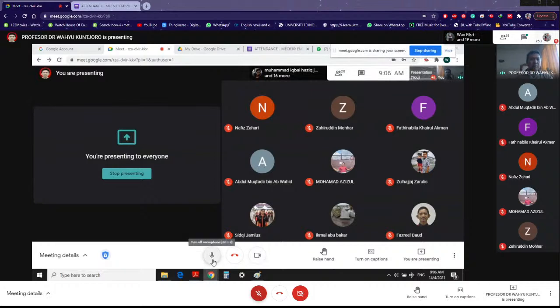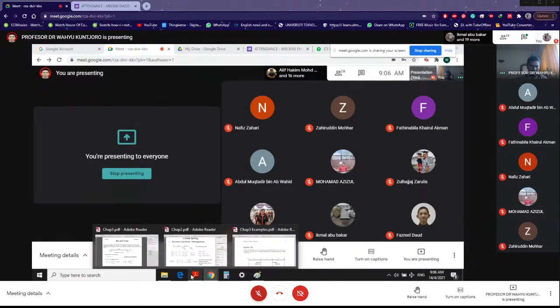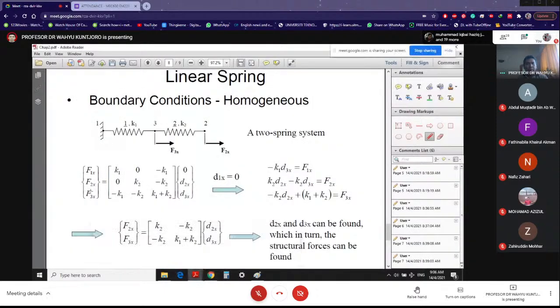Okay, so let's continue with our class today. Let me go back to that discussion that we left just now. This is our problem here, a two-spring system, and you have this structure. This consists of two springs. We understand that this is our structural equations or system equation.